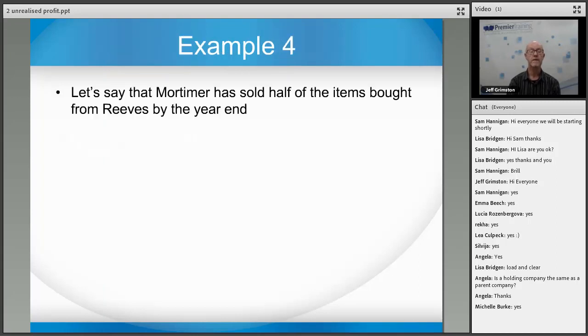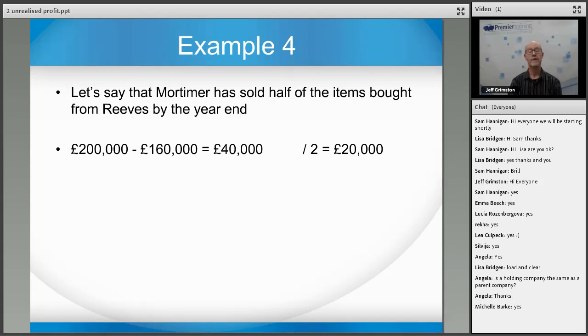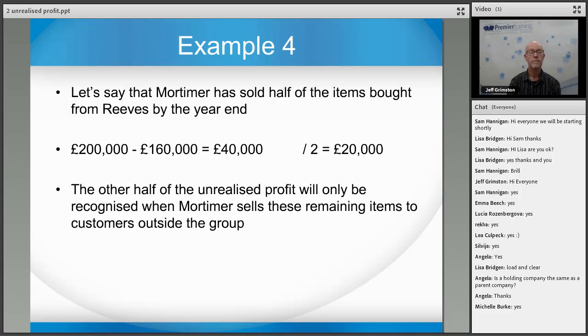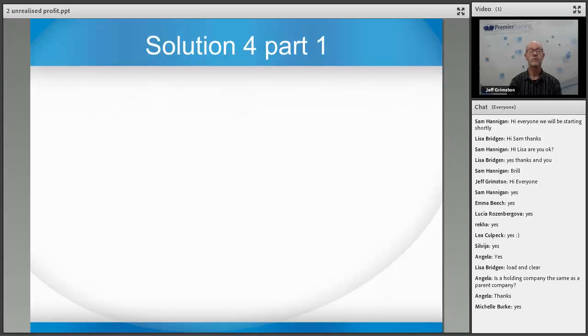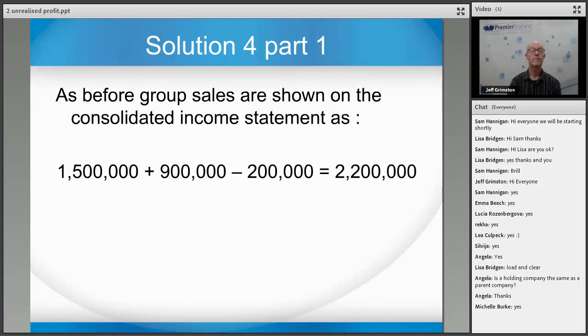Let's say that Mortimer has sold half the items bought from Reeves by the year end. The profit in the original consignment, 200,000 less 160, was 40. Half of that is a profit of £20,000. The other half, like we said, we'll be allowed to recognise once the rest of those items are sold.